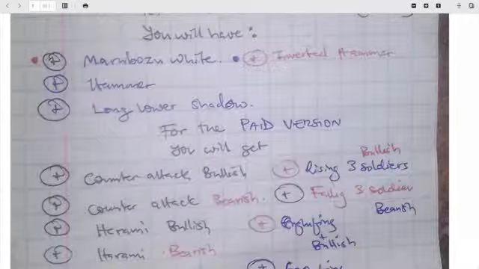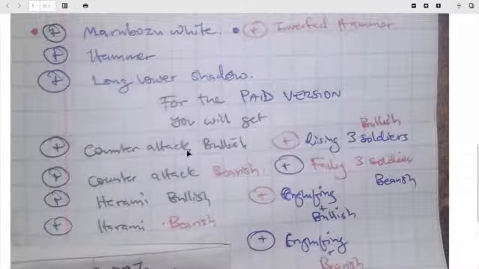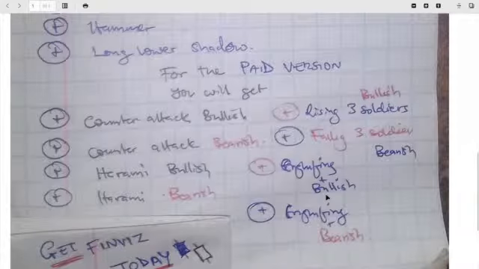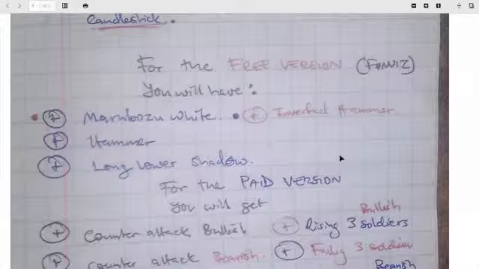You'll be able to use the counter attack bullish, the counter attack bearish, the bullish harami, the bearish harami, the engulfing bearish, the engulfing bullish, the falling three soldiers, the rising three soldiers. And I think that was the pattern that we looked at earlier on. It was called the rising three soldiers.